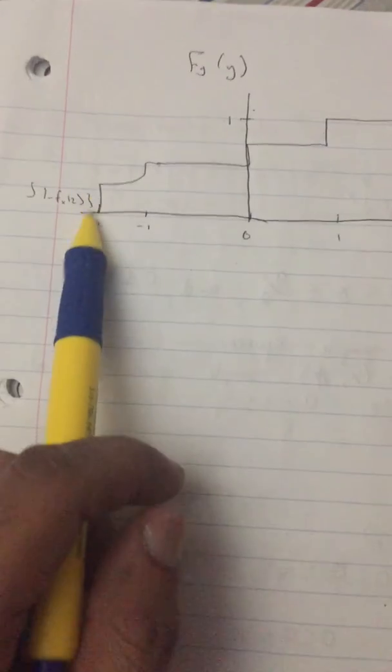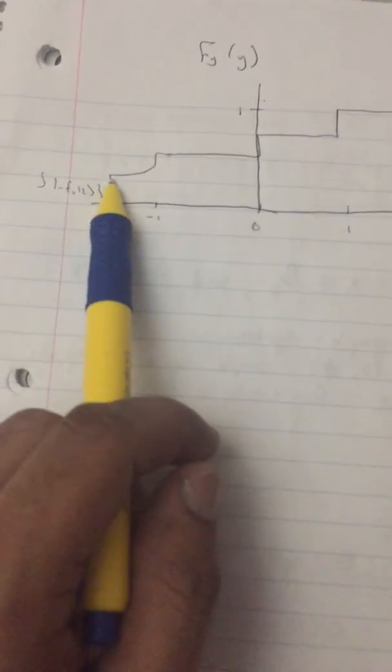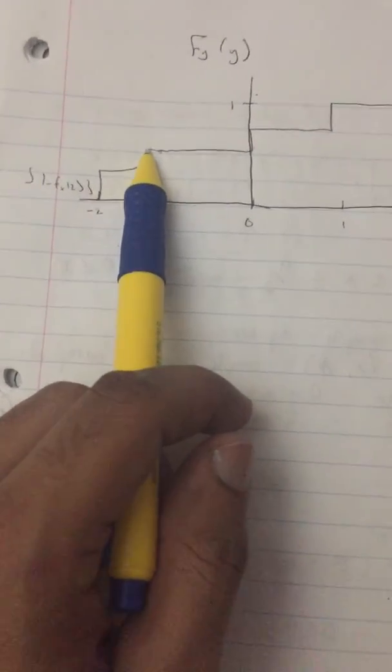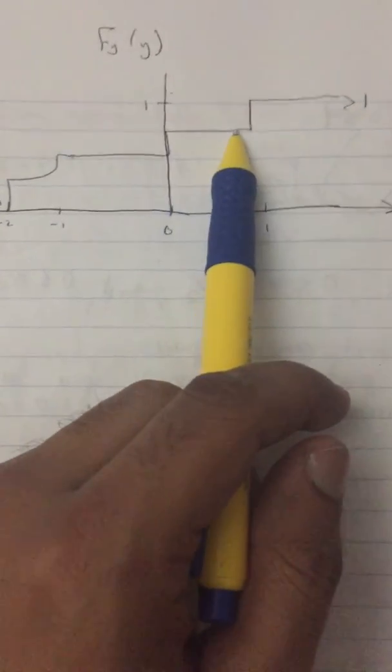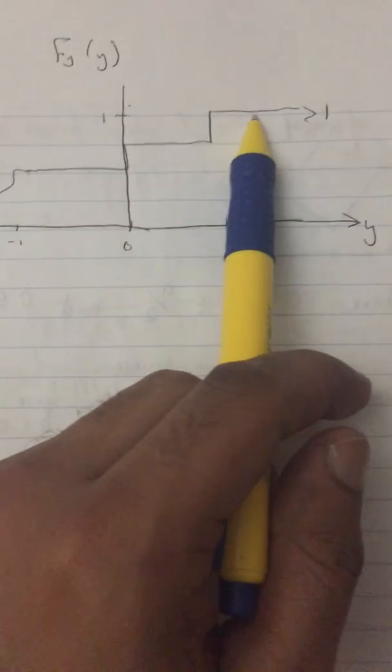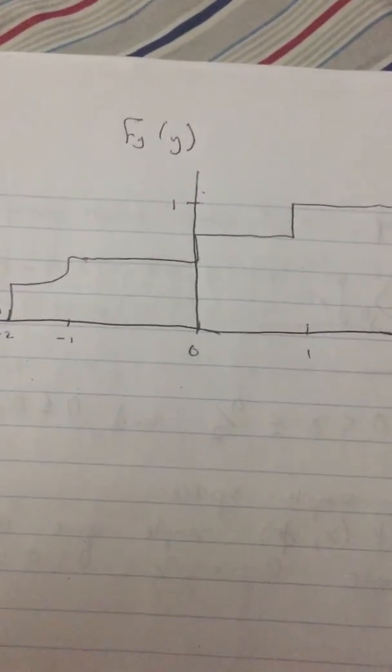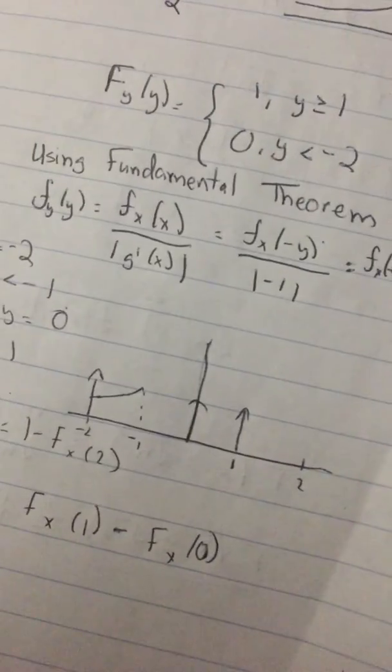So it's going to equal 1, and right here, this will be what the graph of that looks like. From negative 2 to negative 1, you see a little bit of a slope, then you hit another impulse, goes here, at 0 it hits another impulse, moves up, and another impulse, moves up, and from 1 it's just 1 from there. And this will be the graph for F of y.